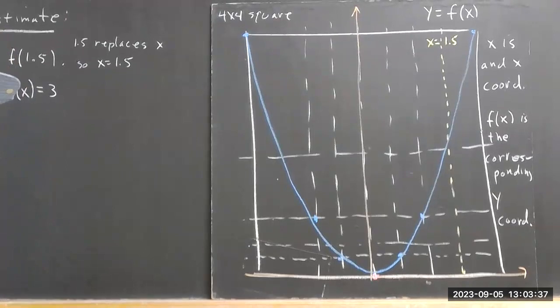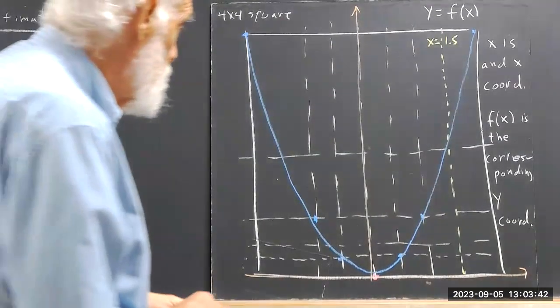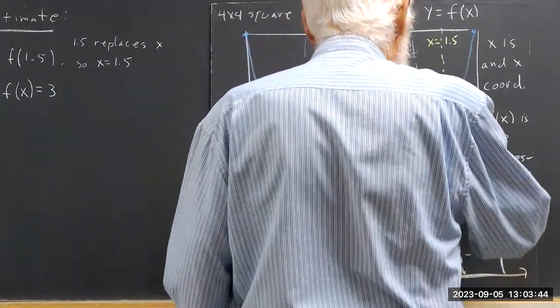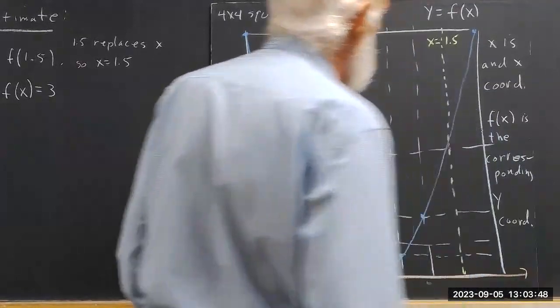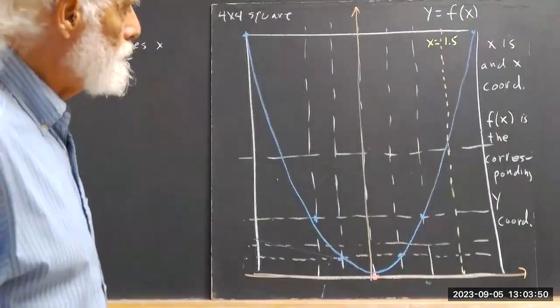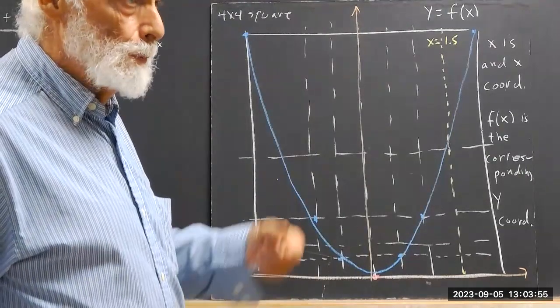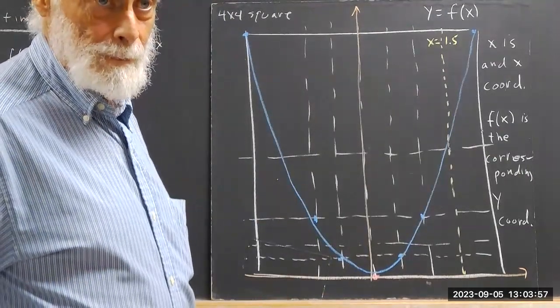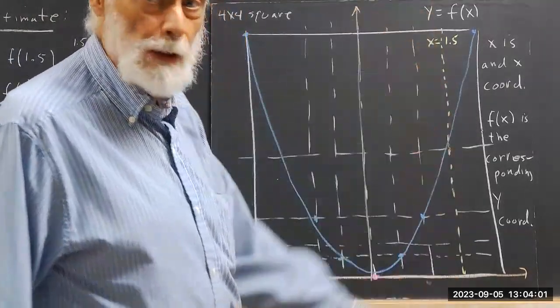Well, a little unfortunate, but actually not that unfortunate, pretty good. Okay. Where's the point on the graph where x equals 1.5? All the points where x equals 1.5 are on this vertical line, aren't they?